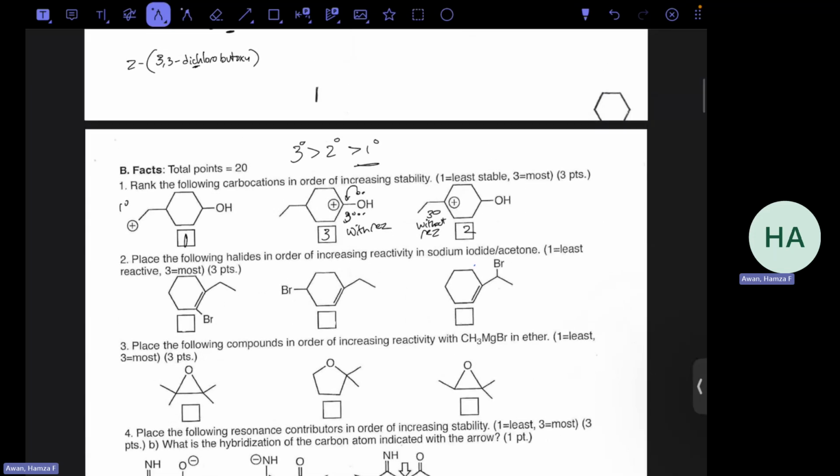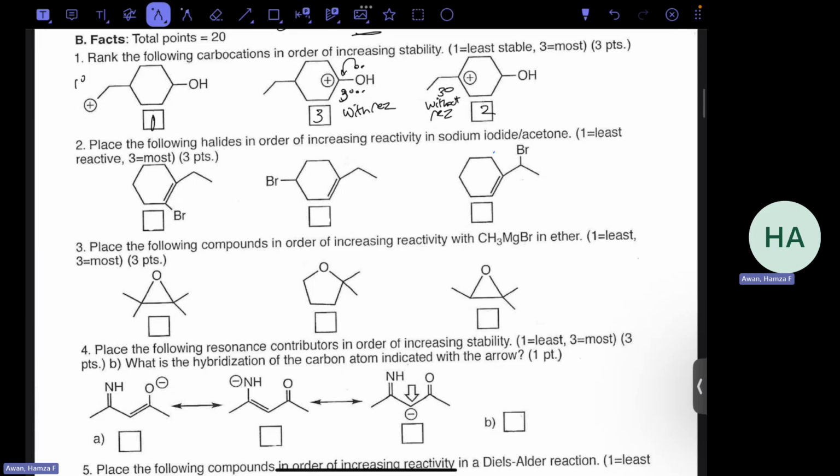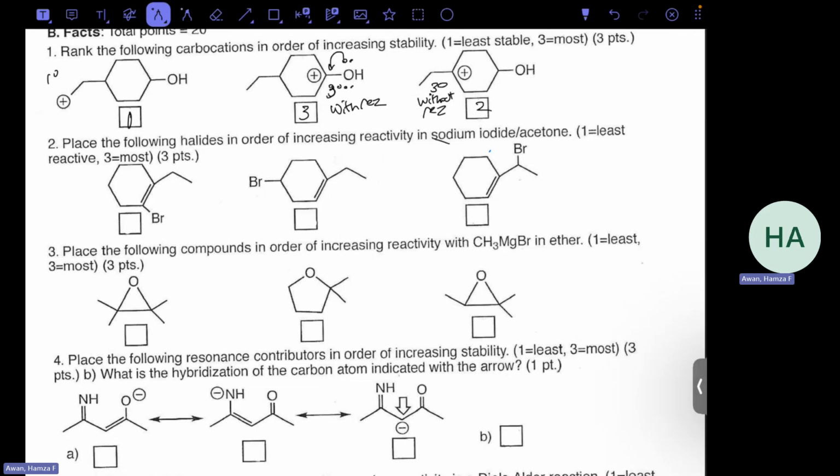Any questions on that one? No? All right. So next one: place the following halides in order of increasing reactivity in sodium iodide and acetone. Whenever you have a bunch of these big words at the end, one thing that helps is just writing it out, right? So we know sodium is Na, and then iodide, NaI in acetone.